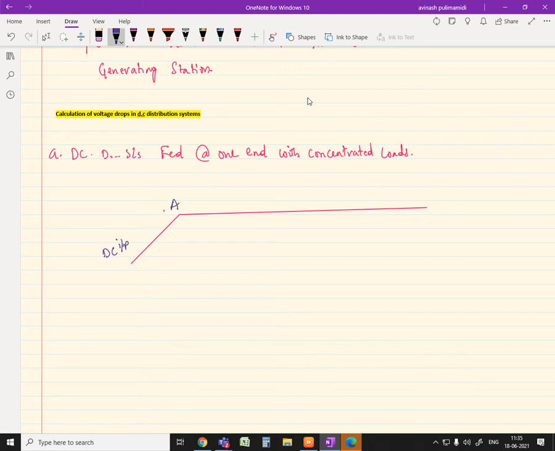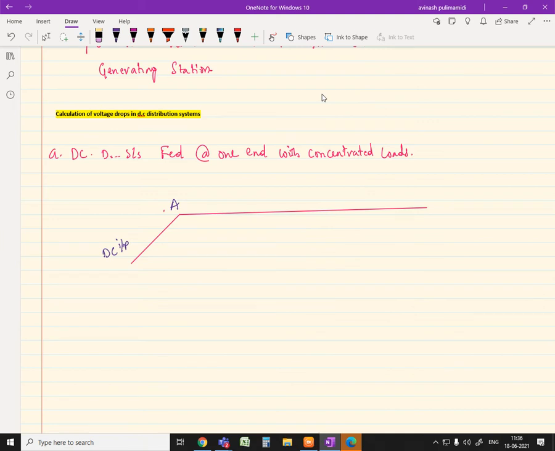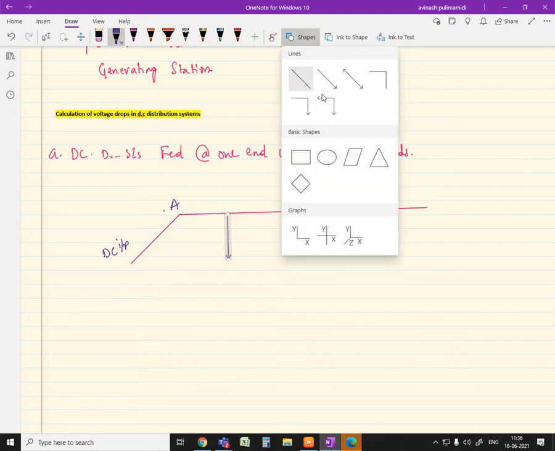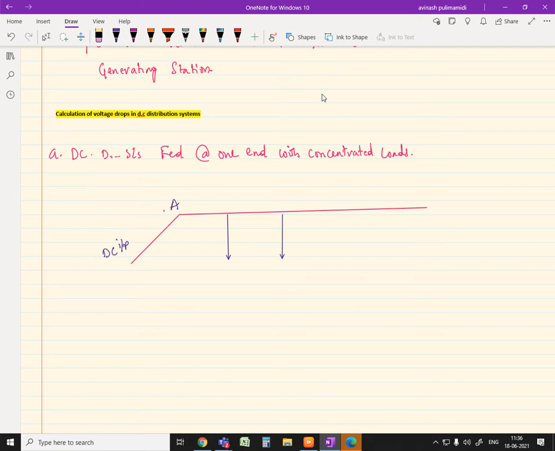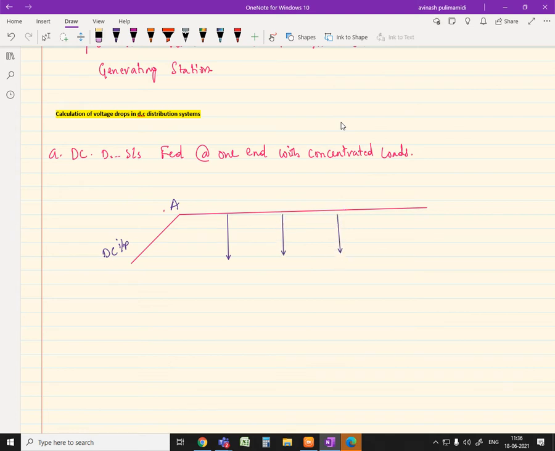Let us take this point as A. For example, if we are having some loads, let us take the first load.